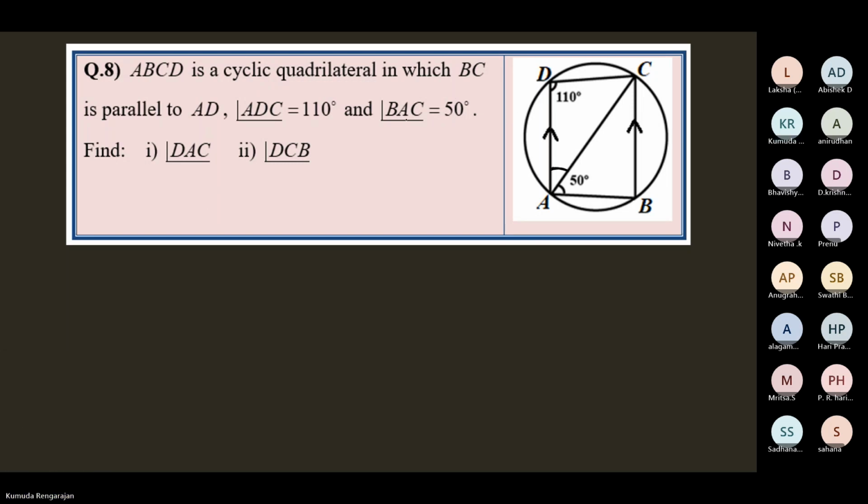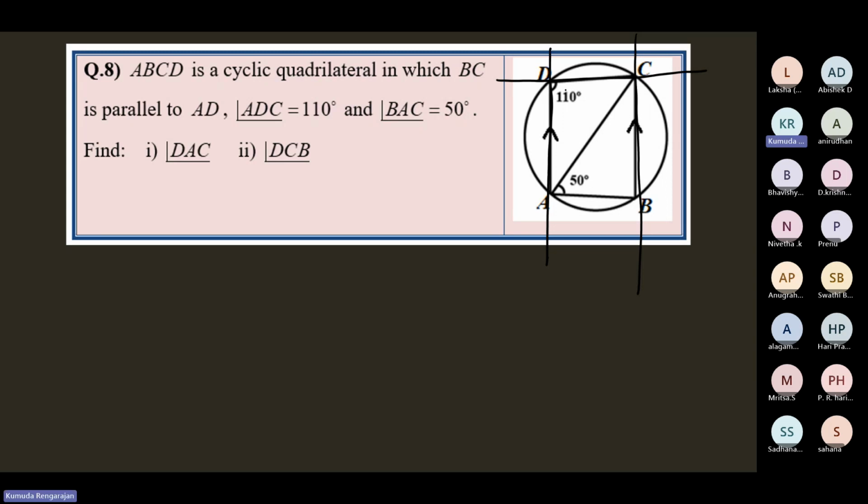Yeah, children. So we have to find DAC. DAC is this angle. Now, since these two lines are parallel, this is the transversal. Co-interior angles are supplementary. So this angle will be 70 degrees. See here, parallel lines, transversal.